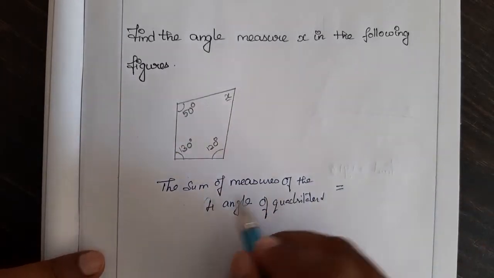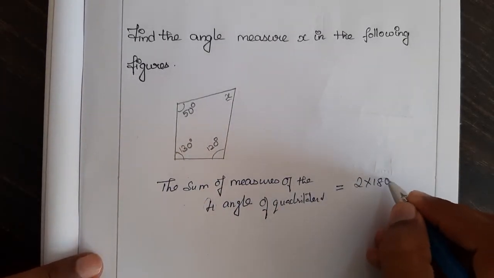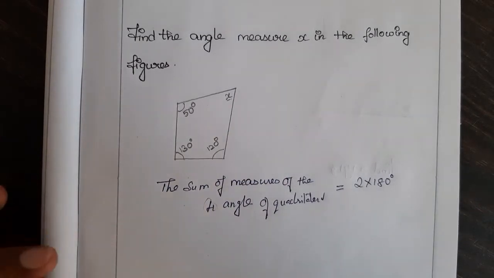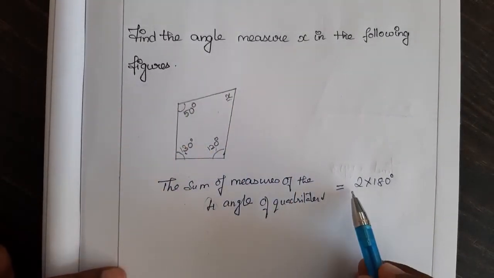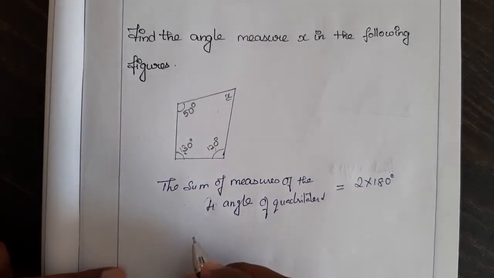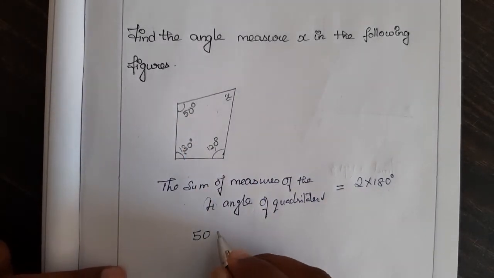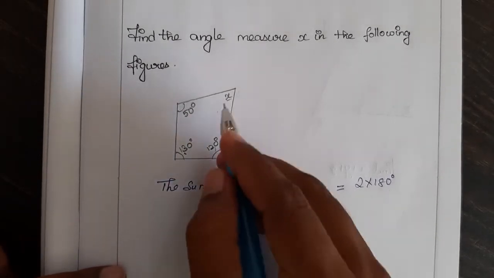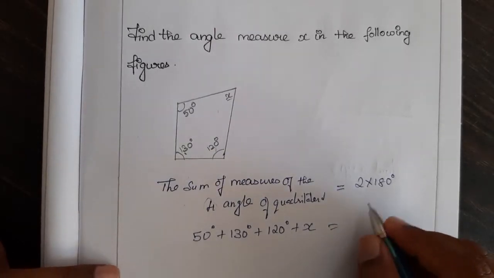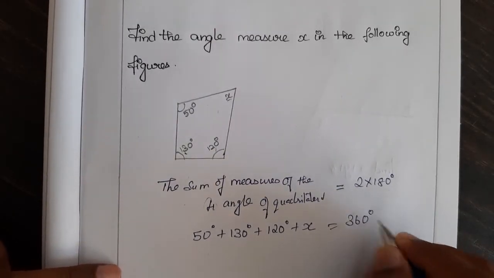It's 4 sides, so it's 2 into 180, which we call 360 degrees. Actually it's given the 4 angles, right? If we add these 4 angles, we will get 2 into 180. So we are going to add 50 degrees plus 130 degrees plus 120 degrees plus x. We are adding these 4. So we will get 2 into 180, which is 360 degrees, right?